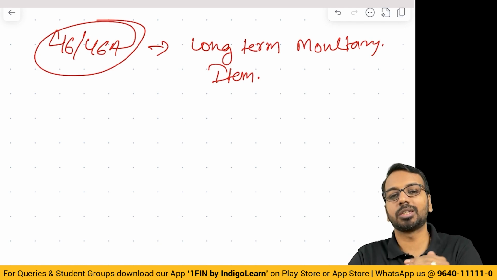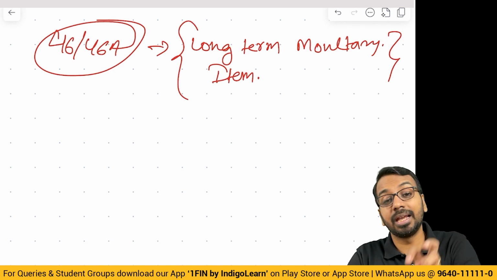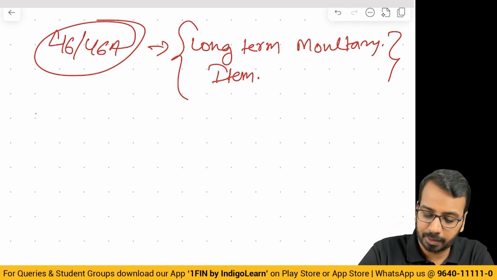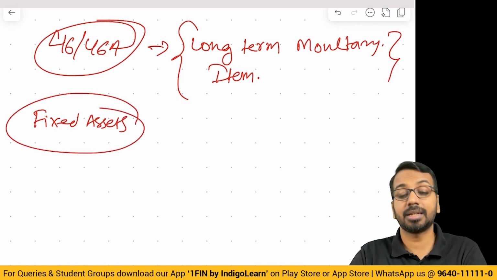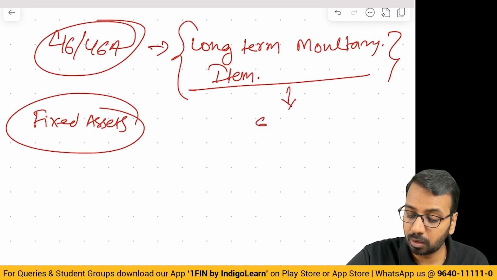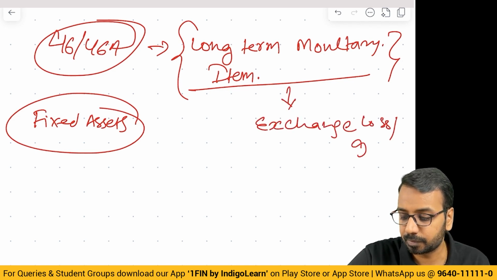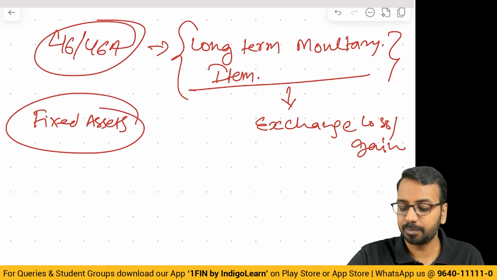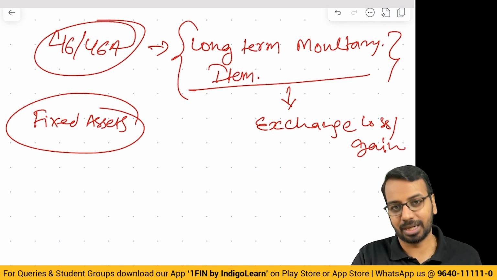If there is a long-term monetary item which has been incurred to acquire fixed assets, what the government says is, for this long-term monetary item, whatever is the exchange loss or gain, the default choice was to take it to P&L.